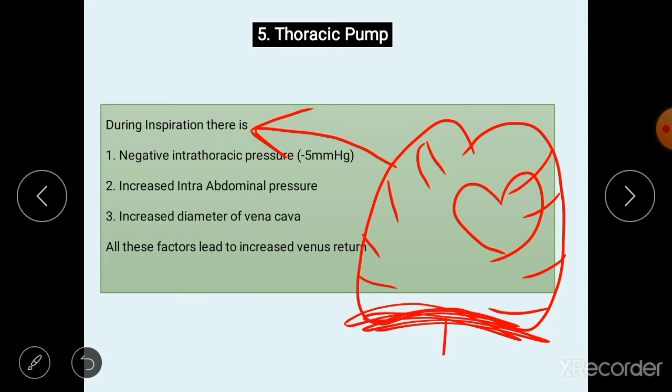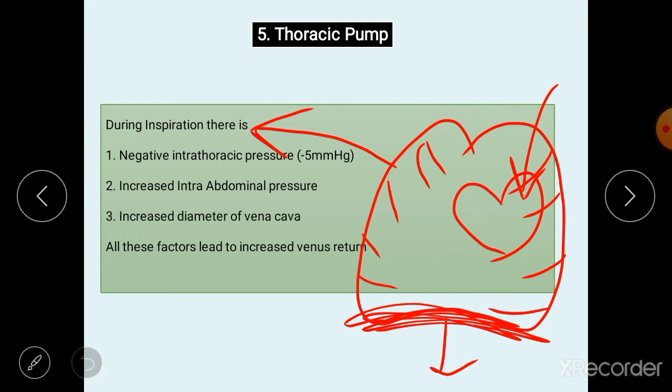Why? Because your diaphragm moves downward and your ribs move outward, and there is a suction produced in your thoracic cavity which allows the air to move into your lungs. Not only does this negative pressure in your thoracic cavity cause the air to enter your lungs, but it also sucks the blood from the periphery back towards the heart.